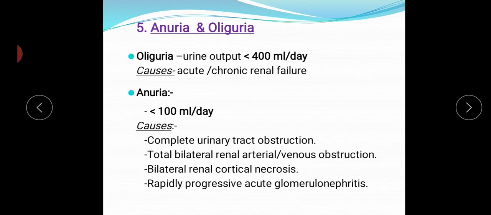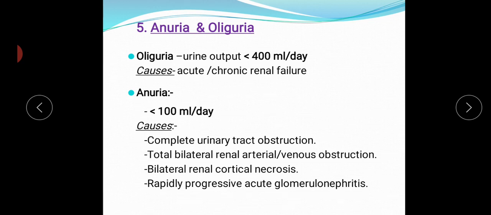It may be due to the conditions that are given here. Common conditions are complete obstruction to the urinary passage, maybe at the ureter level, the bladder level, or through the urethra. Complete urinary tract obstruction due to a stone or any other condition, or total bilateral renal arterial or venous obstruction that will block the blood supply to the kidney, so there will be no GFR, which will lead to decreased urine or anuria.